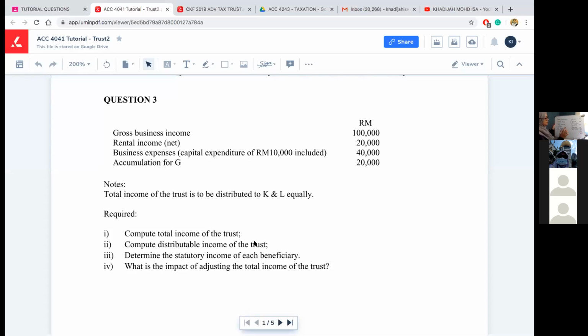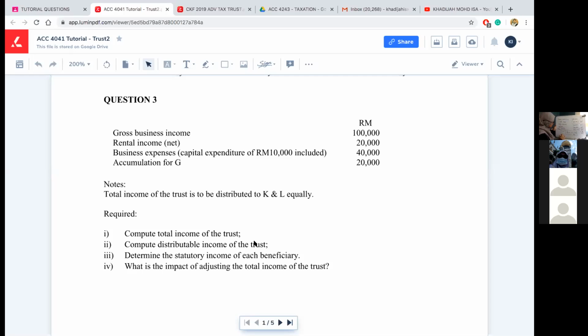So you have to apportion your total income. Instead of 90,000, you can put 90 times by distributable income minus accumulation over distributable income. Do you remember that formula? Bila ada accumulation, you have to find the distributable income, and then you times distributable income minus your accumulation 20,000 over 60,000.